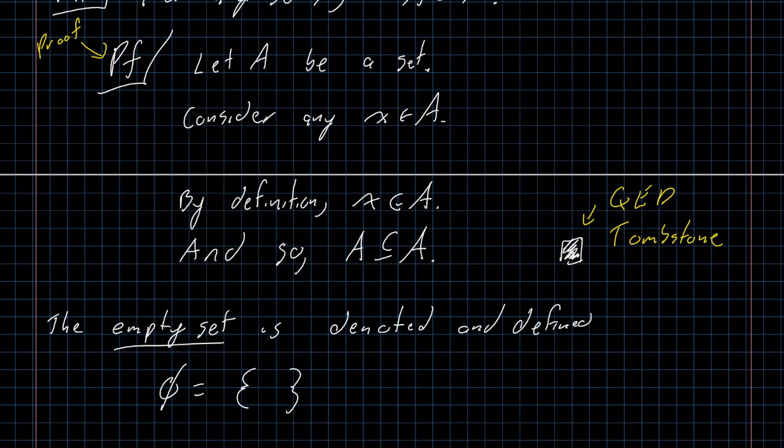The empty set is denoted and defined. Denoted as a circle with a slash through it. Defined as a set that has nothing in it. Hence the name. The empty set is the set that contains nothing.